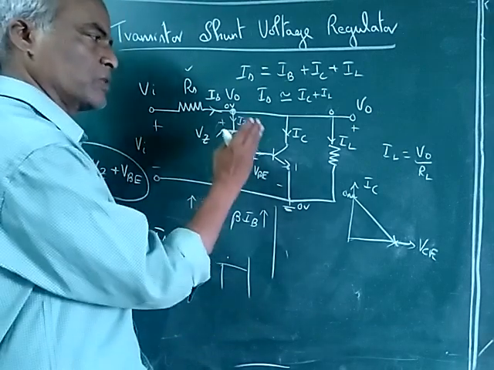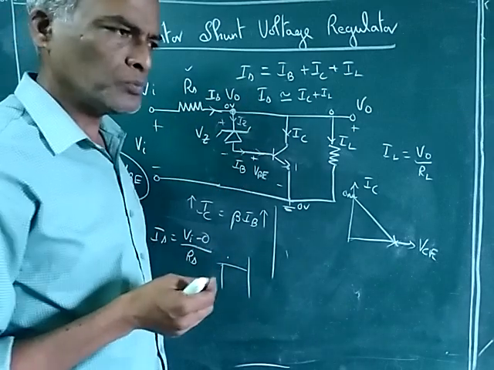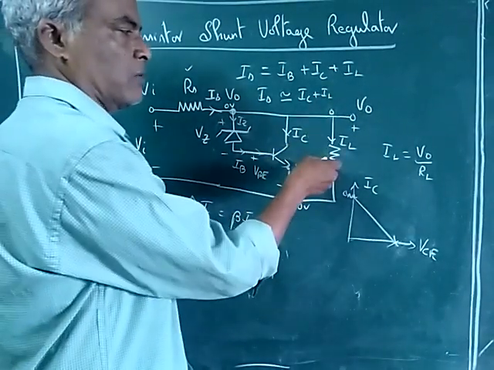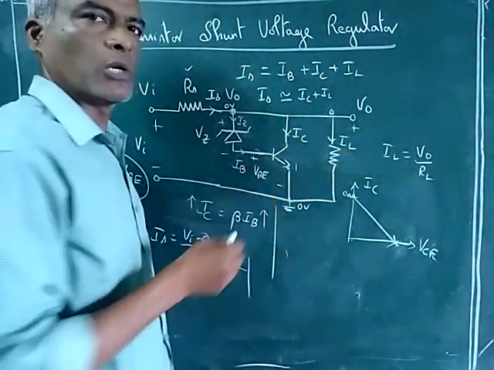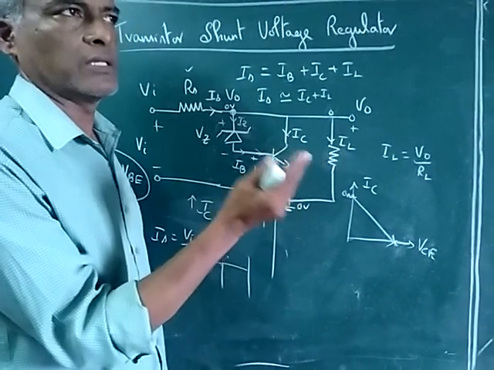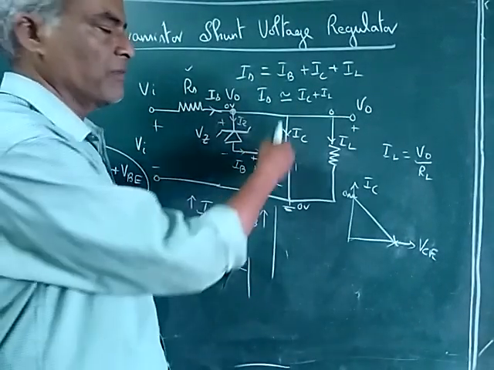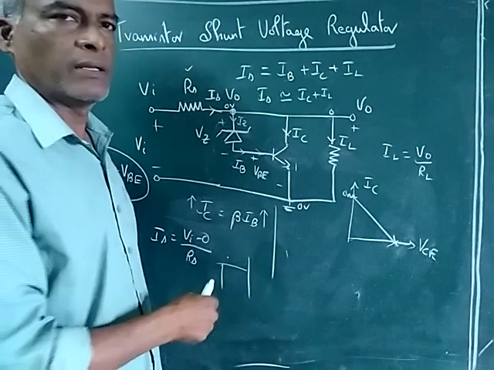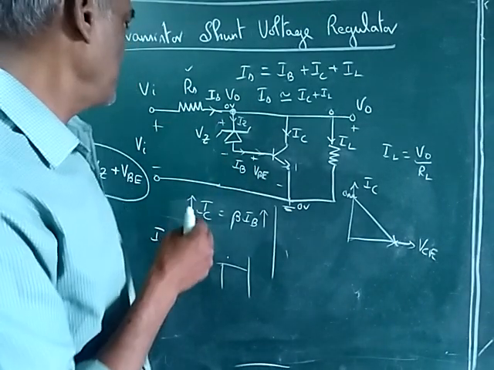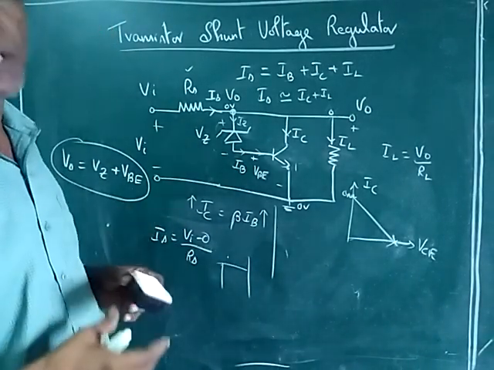That's why we put a shunt transistor, so that the entire system works correctly and gives a regulated output. We will get the required regulated output voltage for the load. The excess current from the source is bypassed, taken away by the transistor, thus protecting a low power Zener diode. So this is the basic explanation of how the transistor shunt voltage regulator works.